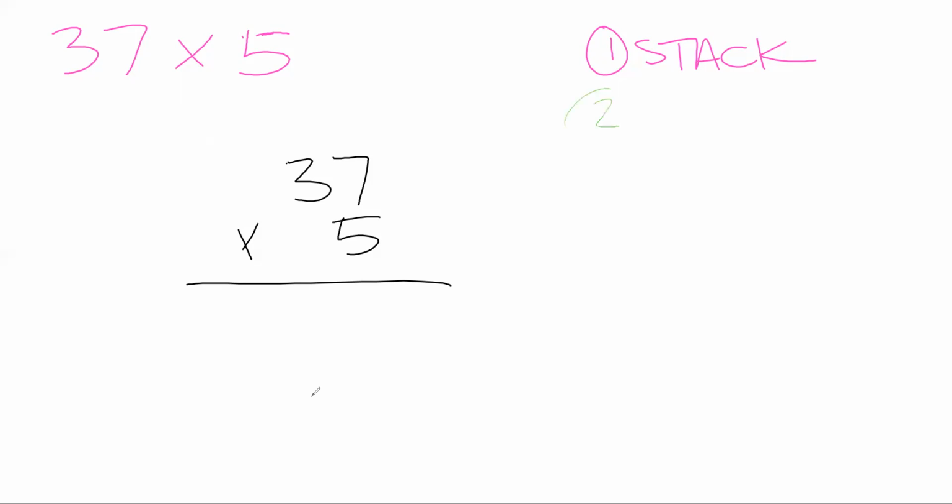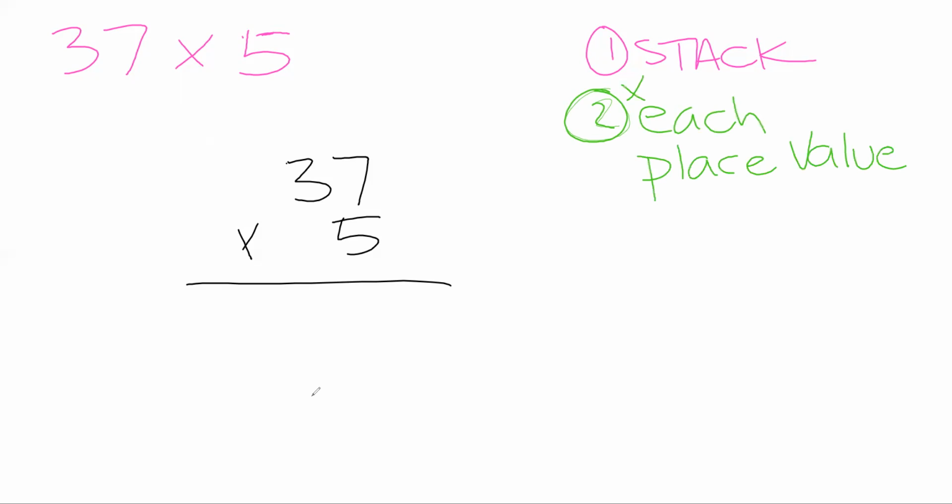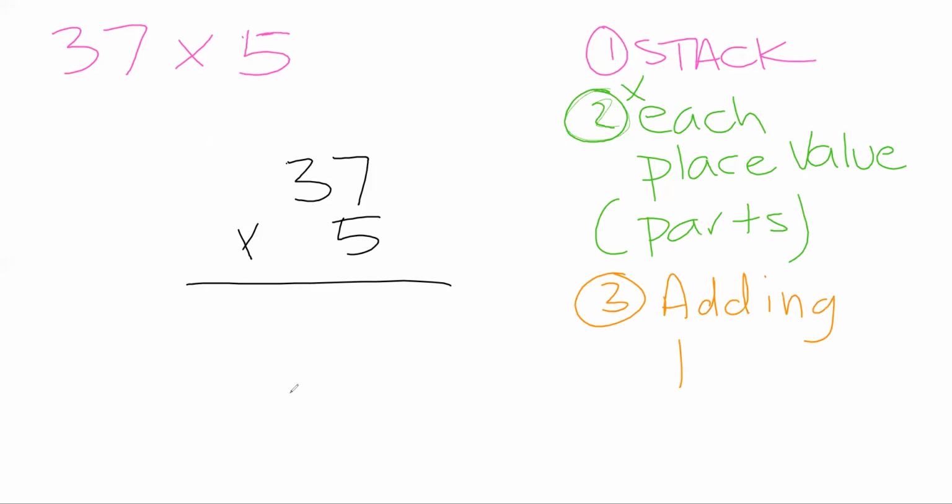I know this is a little vague and it's kind of hard to solidify what we're doing, but we're multiplying each place value, and we're going to break that apart. Those are the parts that we're doing. Then we're going to finalize this work by adding the products that we find, which is similar to the area model that we've been working on a lot.